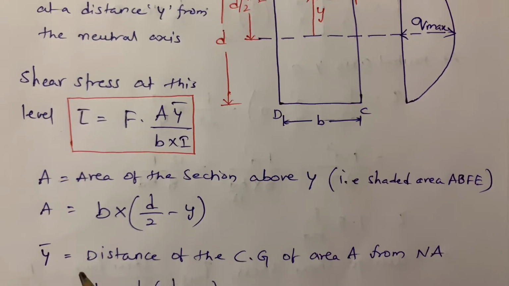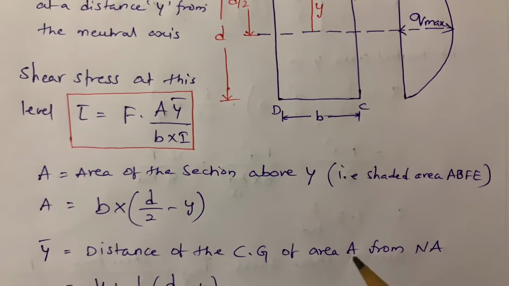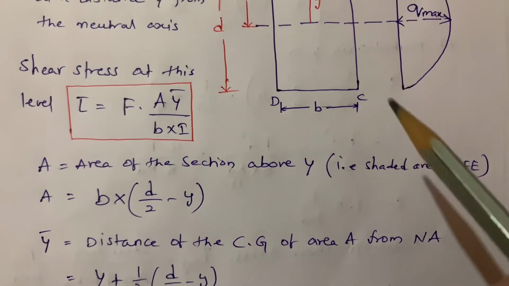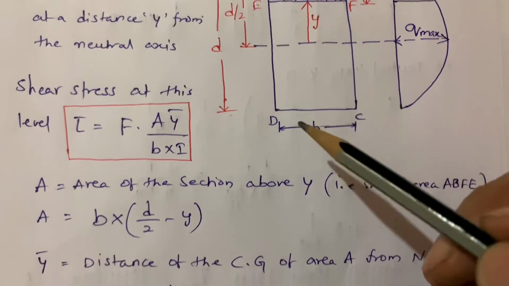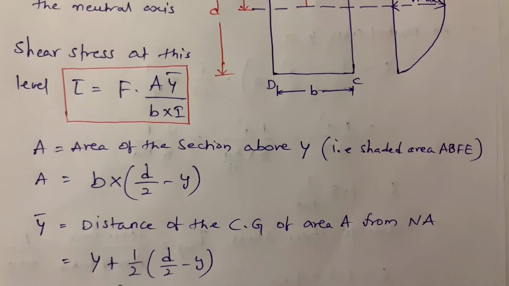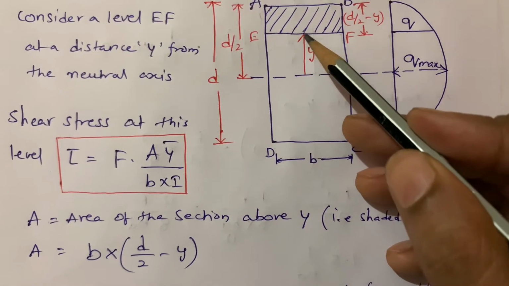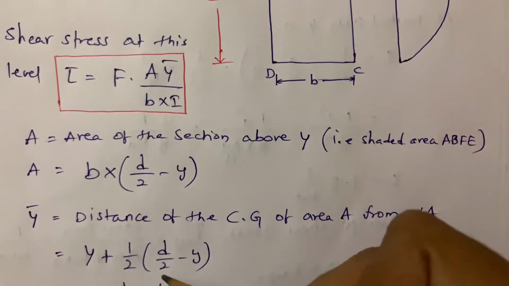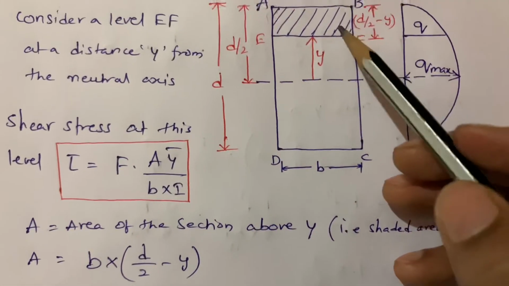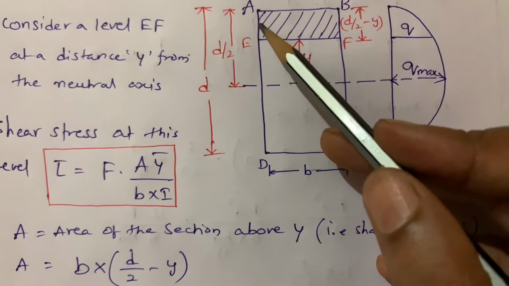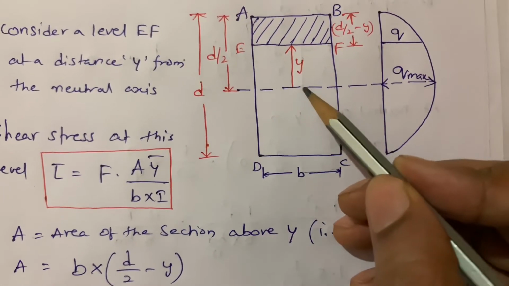Next, y bar is the distance of the center of gravity of area A from the neutral axis. From the neutral axis, the distance is y plus half of this section, because we are calculating the centroid from the neutral axis.